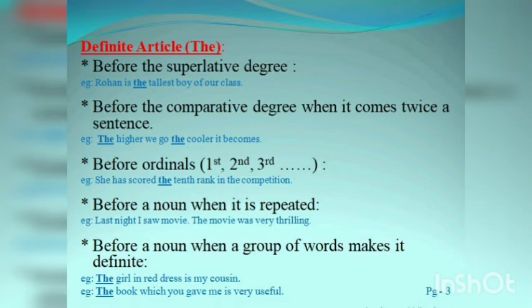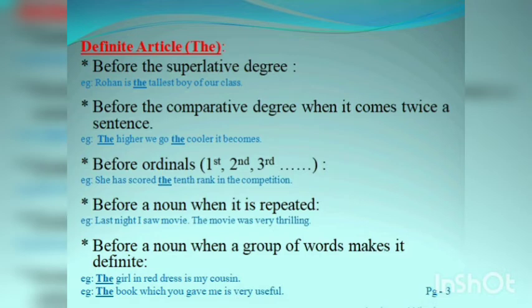Here, because of the phrase 'in red dress', the subject girl becomes definite, because I am talking particularly about the girl who is in a red dress. So we must use 'the' here: the girl in red dress is my cousin.